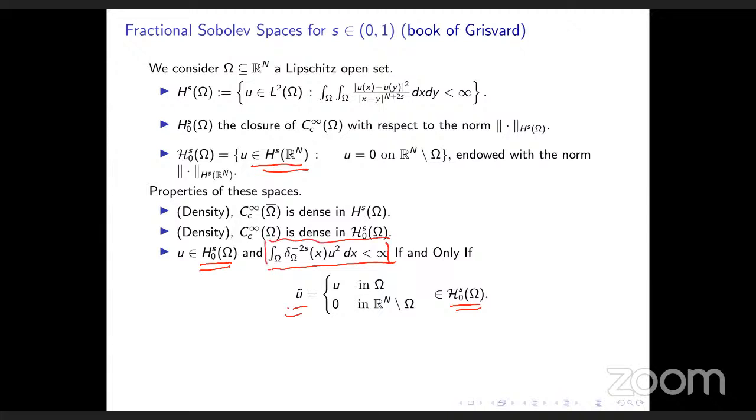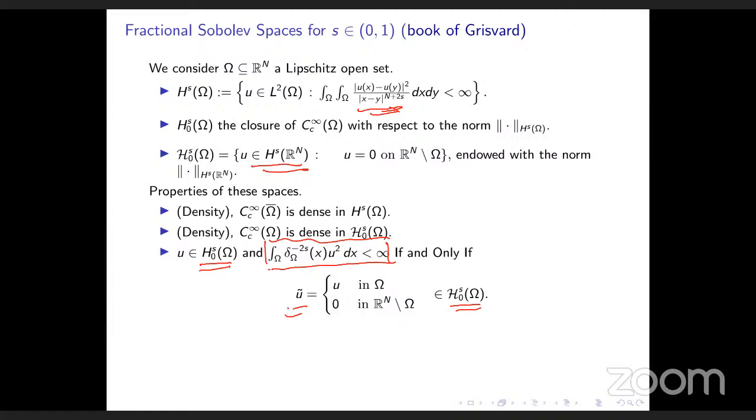These Hardy terms are scale invariant, in the sense that they scale exactly like the semi-norm, so they are not in fact negligible.